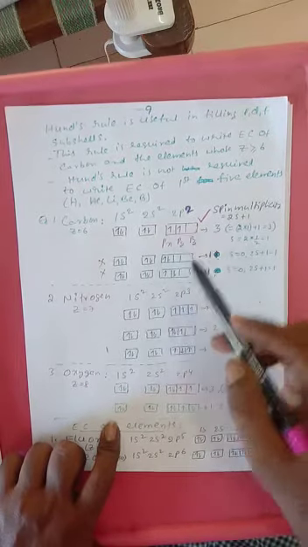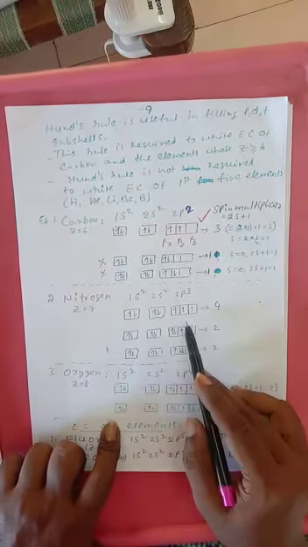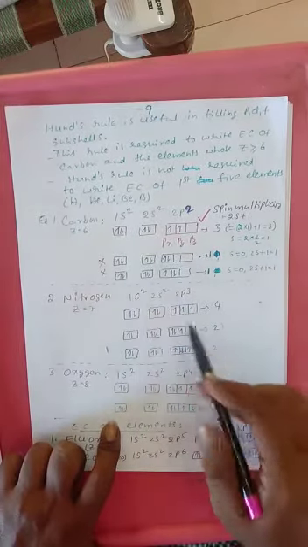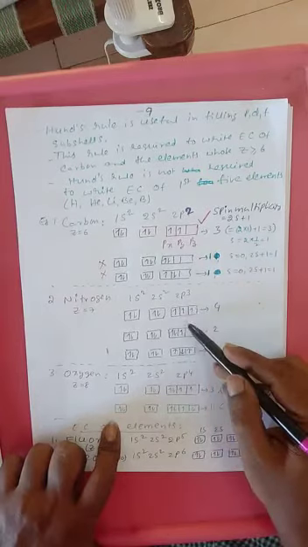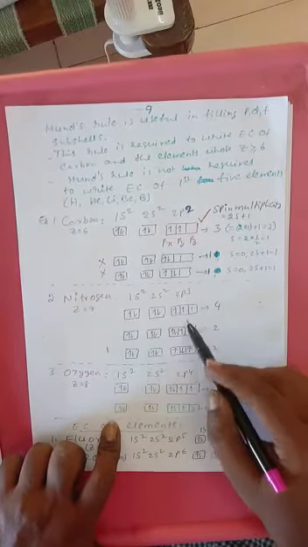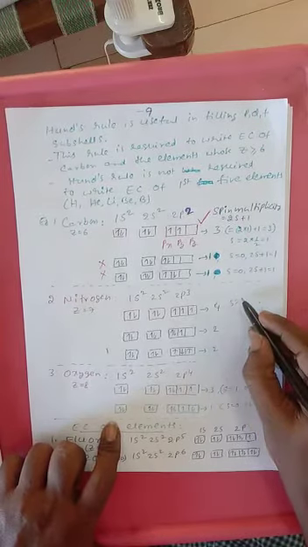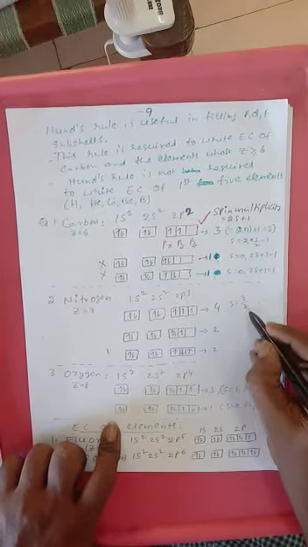First, let us come to nitrogen: 1s2, 2s2, 2p3. Here there is no problem at 1s2, 2s2. Let us come to 2p3. There are three possibilities. Here the spin multiplicity: S is equal to 3 into half, which is 3 by 2.